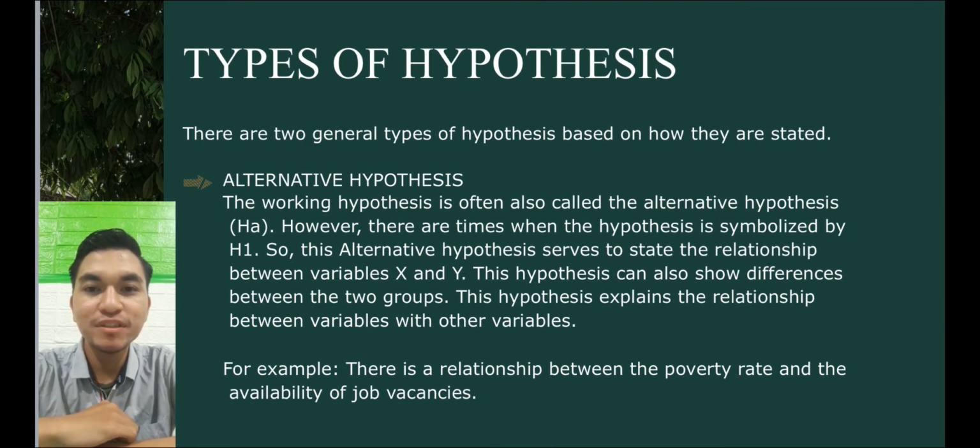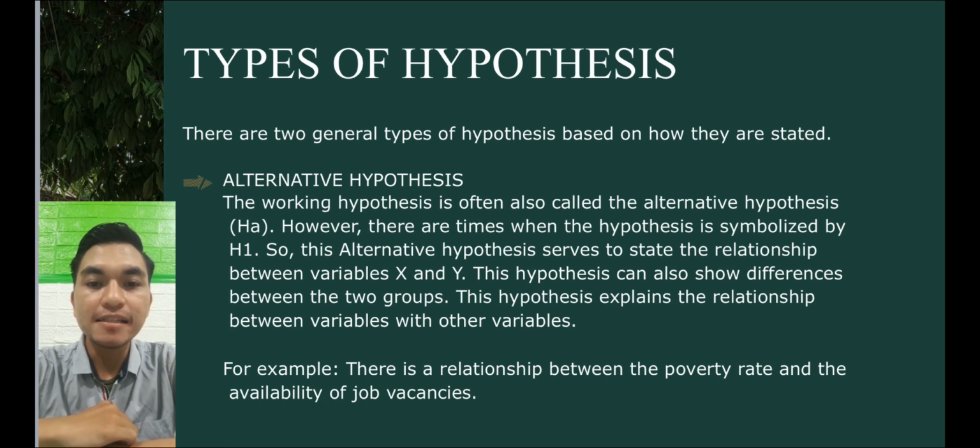Now let's come to the types of hypotheses. There are two general types of hypotheses based on how they are stated. The first, alternative hypothesis. The working hypothesis is often also called the alternative hypothesis or HA. However, there are times when the hypothesis is symbolized by H1.